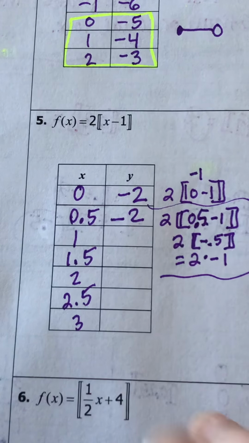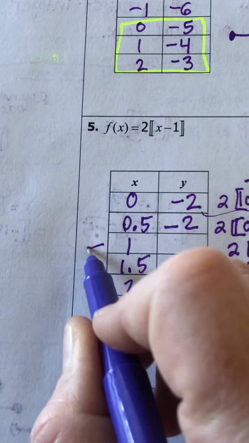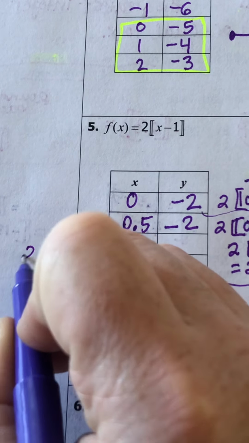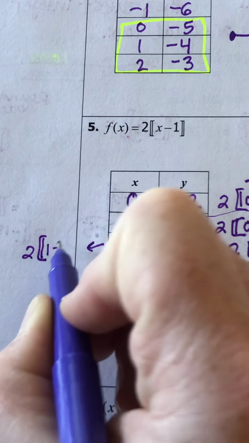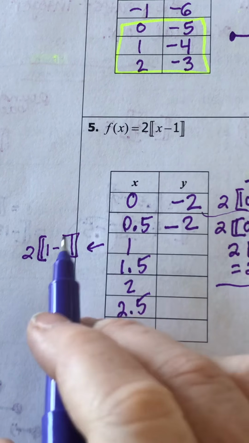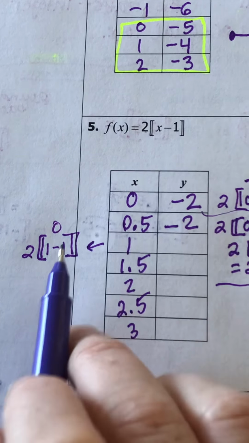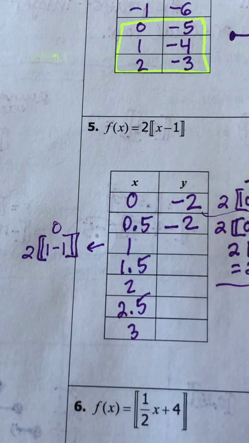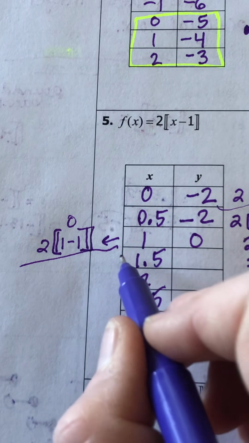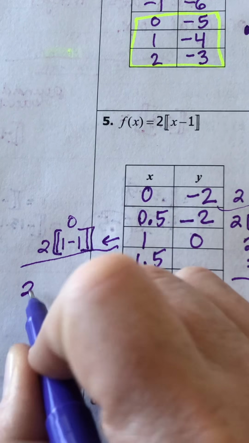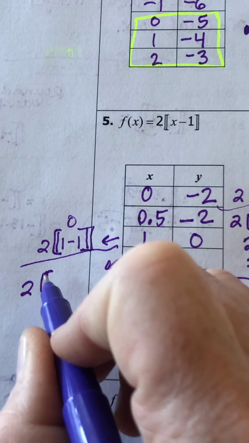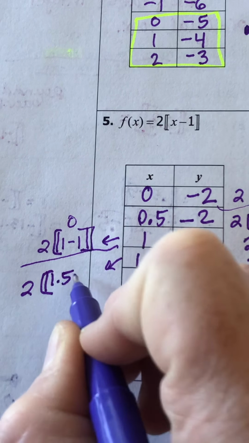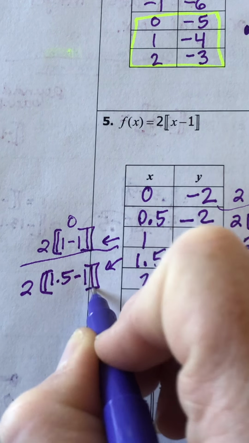Now let me do the greatest integer of 1 on the left side. So I'll have 2 times the greatest integer of 1 minus 1, and that's 0. If you get an integer answer, then it's just itself. So 2 times 0 is 0. All right, let's do 1.5. So 2 times the greatest integer of 1.5 minus 1.